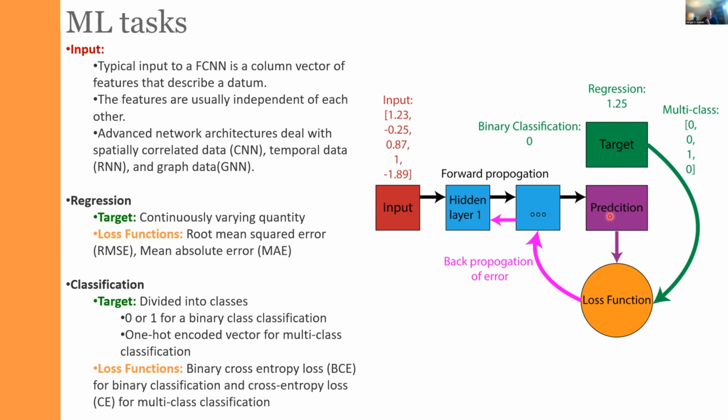And what we do in this case, we define a loss function. A loss function is basically a measure of how the prediction is different from the target. In some sense, it is us telling the neural network how wrong it is. Then we can take this loss function and backpropagate it through the network.